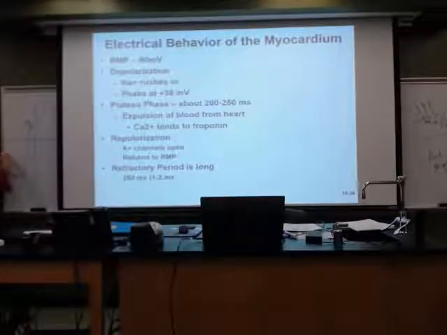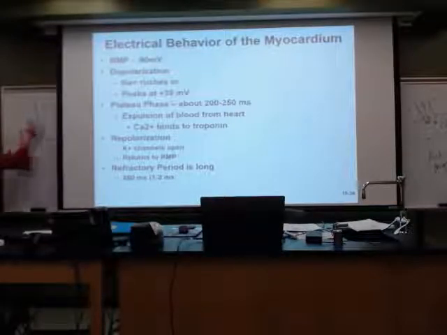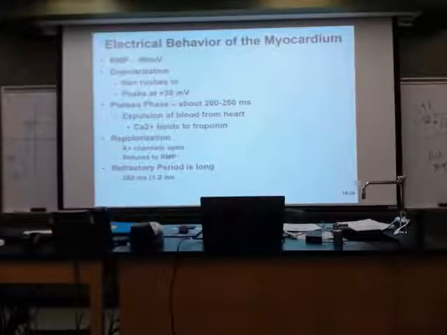This whole time, the entire cardiac cell is depolarizing. Now, here's the thing. Once I peak at that +30, there's a plateau. And a plateau means something straight. All right?